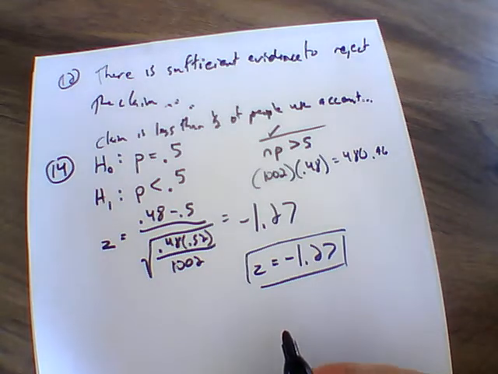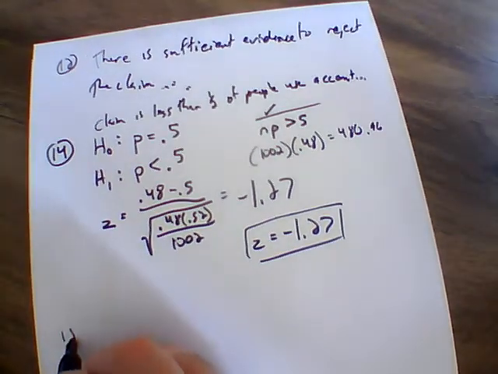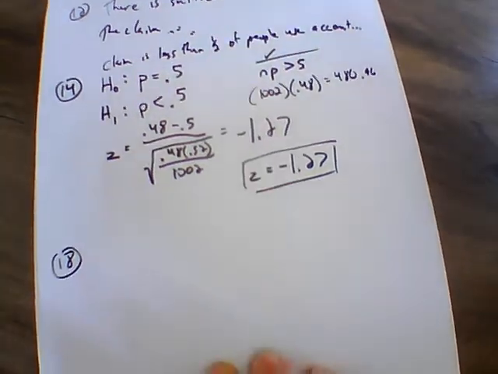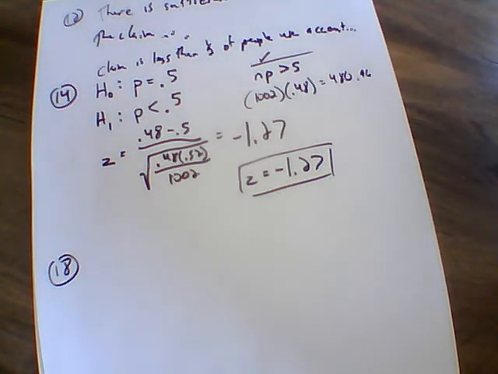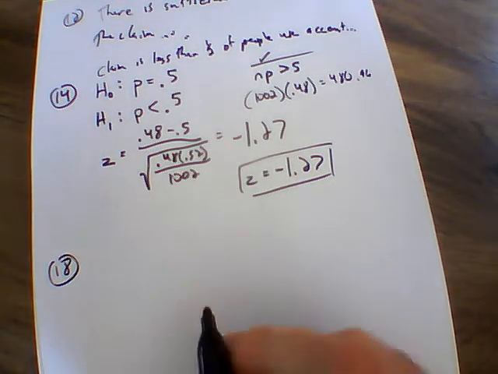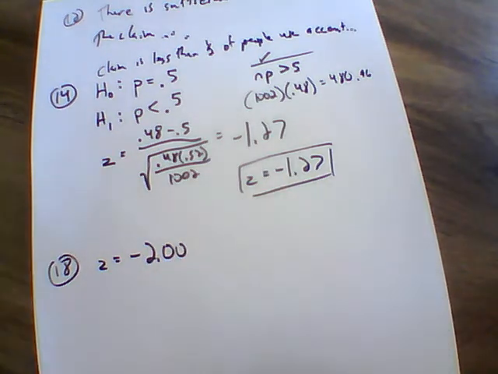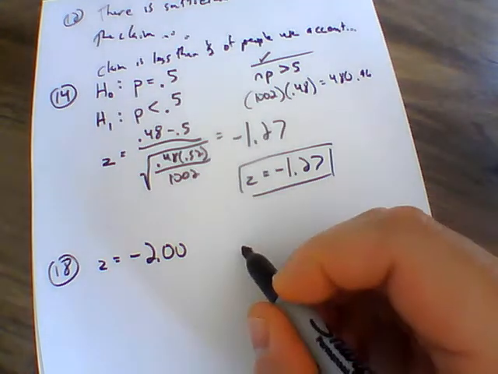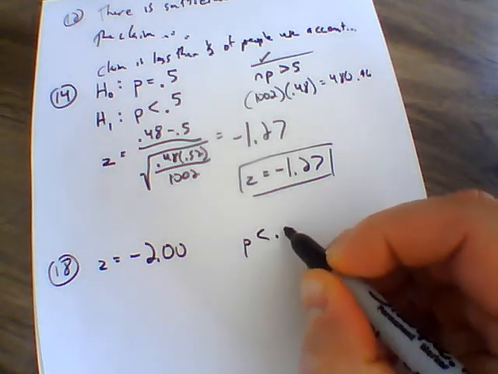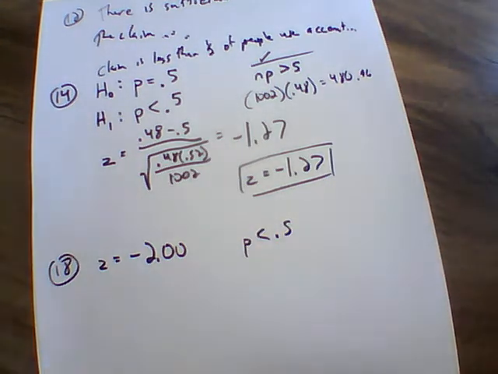Let's go to number 18. On number 18 it says our test statistic of z equals negative 2.0 is obtained when testing a claim of p is less than 0.5.